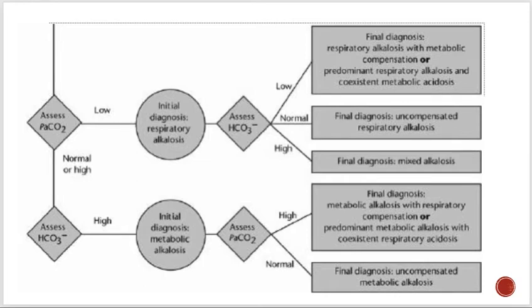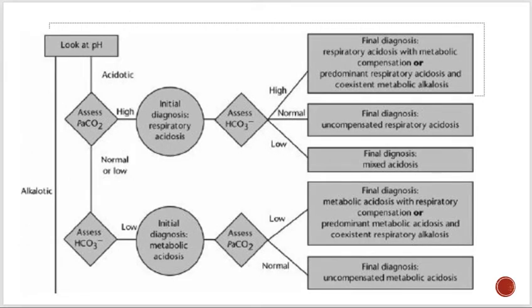Now, many of the time the patients have just one abnormality, for example, just respiratory acidosis or just metabolic acidosis. But sometimes they have a combination of abnormalities. For example, sometimes they may have combined respiratory as well as metabolic acidosis, or a mixture of two things.